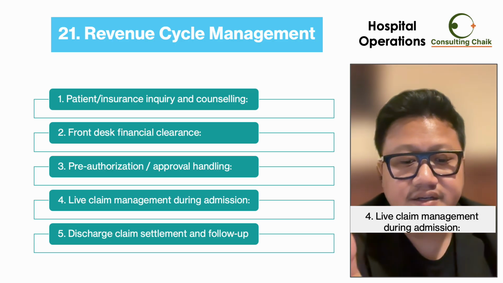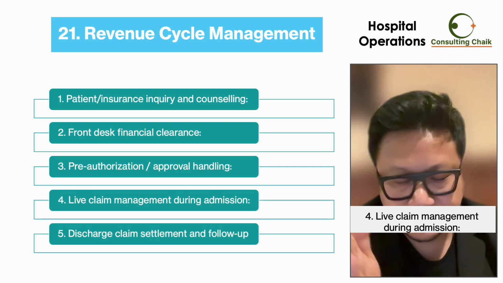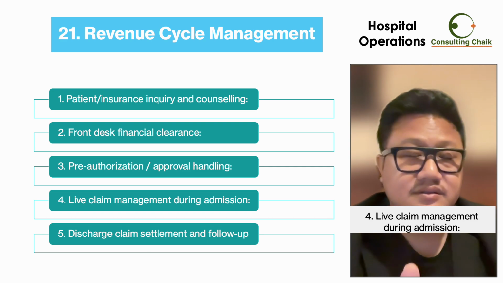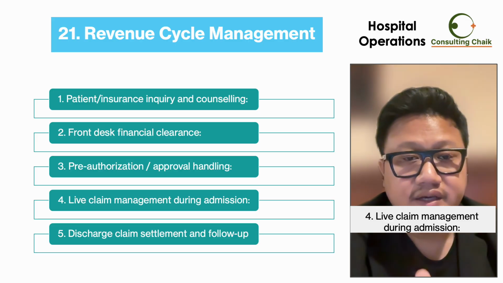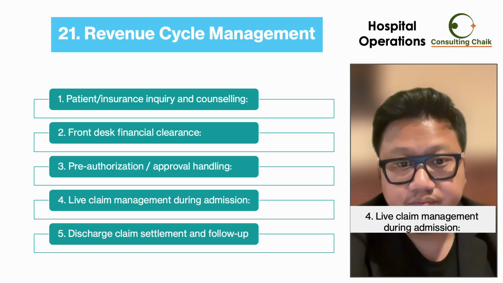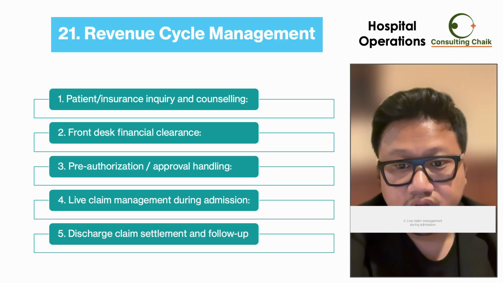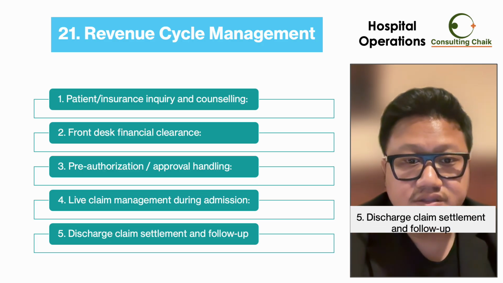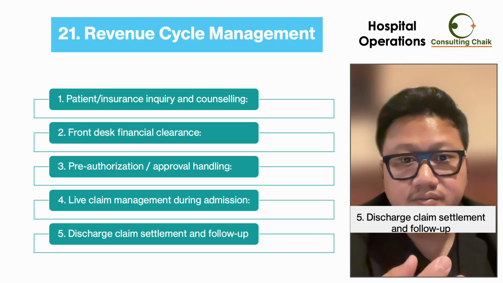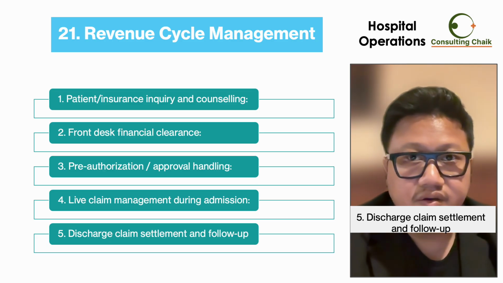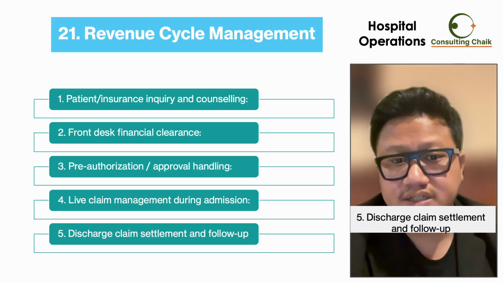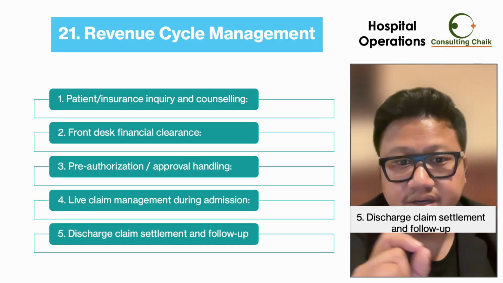This is the expected, this is the ongoing, this much money, this much things are done, and accordingly this is the current bill. When you keep track of these, it is easier for you to get approval. Then when you are all treated, everything done, the doctor says okay for discharge. So, discharge, claim settlement and follow up.